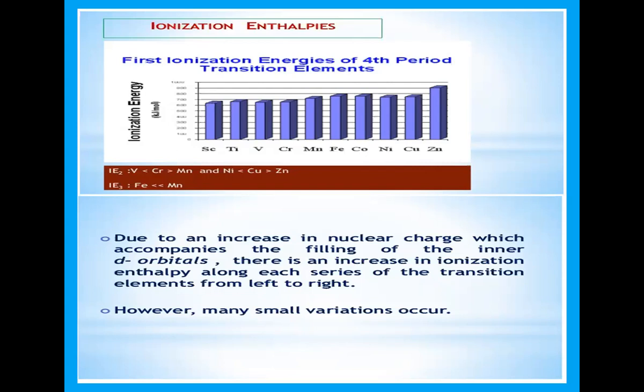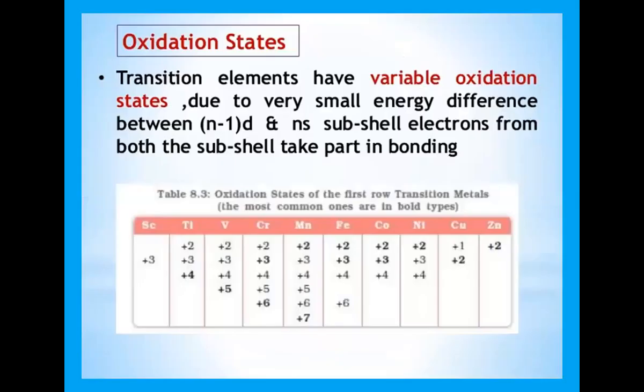Lastly, penetration effect. By considering all the factors, ionization energy can be predicted. That is why a variation is observed and it is not a regular trend. That is also observed even in the 3d series elements, which is quoted here from scandium to zinc.